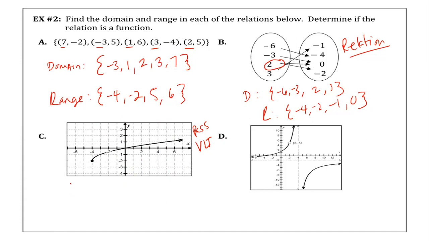The domain here is going to be what? There we go. It's x values that are greater than or equal to -4. Does that make sense? When we write it, this is our inequality notation. To write it as an interval, we would say from -4 to positive infinity.